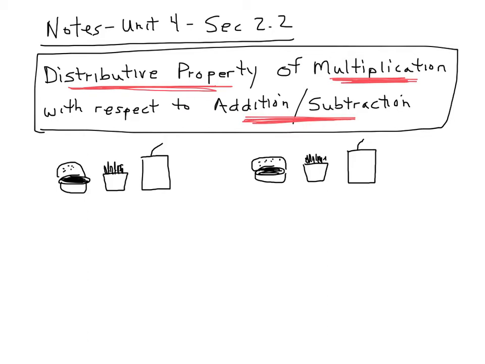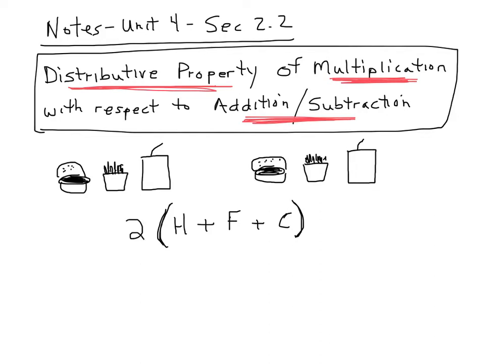So each of our orders are like a quantity. So I need a hamburger, and means plus, fries, and a Coke. And that's my order, and it all goes together. So I put it in a parenthesis, a quantity. And then my friend's going to order the same exact quantity, so we're going to end up doubling this order.